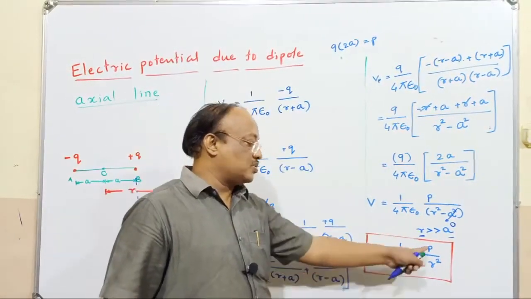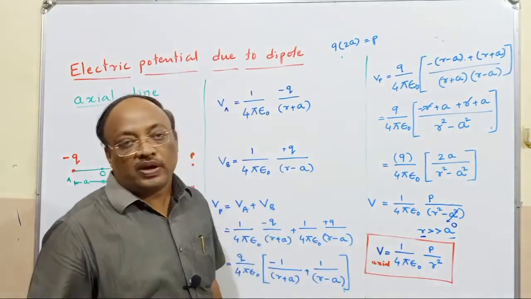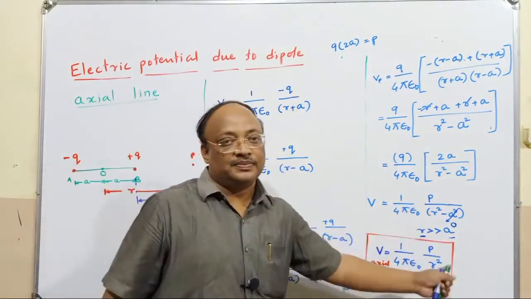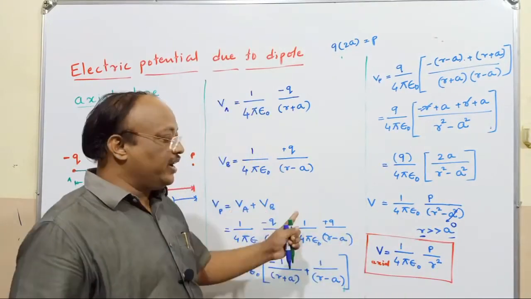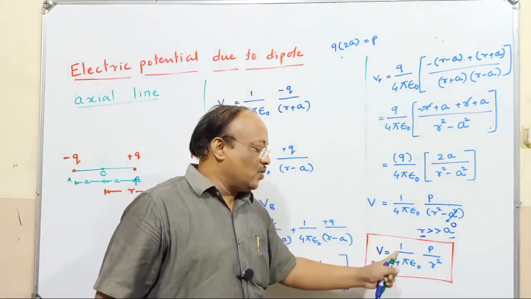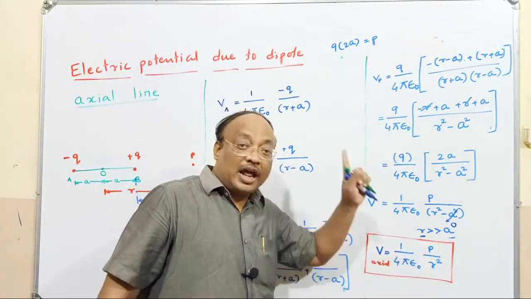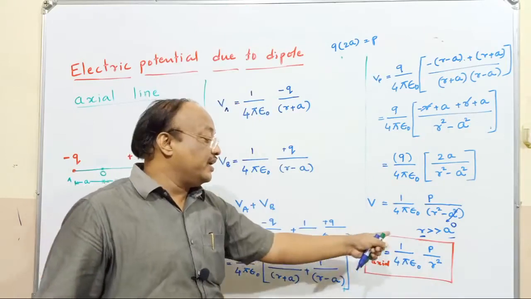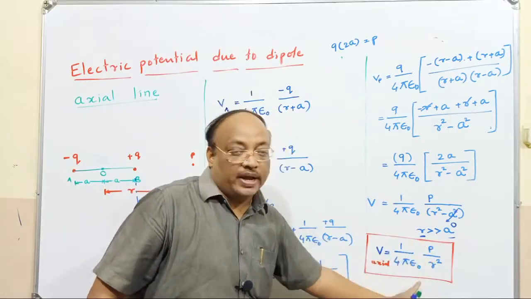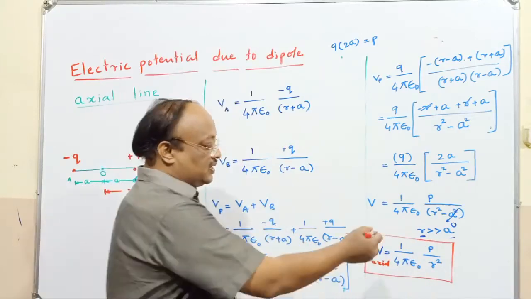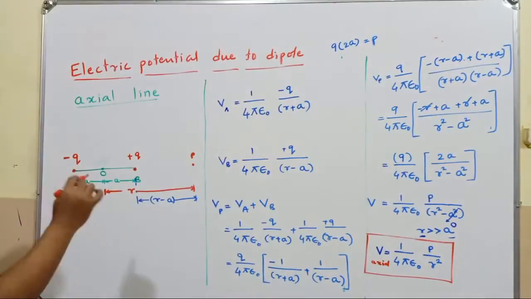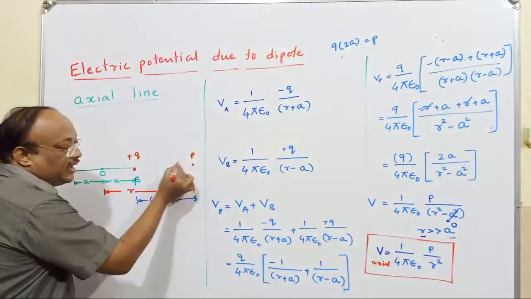Just you can see the expression for the electric field due to a dipole on the axial line is 1 by 4 pi epsilon naught P by R cube, whereas here it is 1 by 4 pi epsilon naught P by R square. So this is the expression for the electric potential due to a dipole on its axial line.